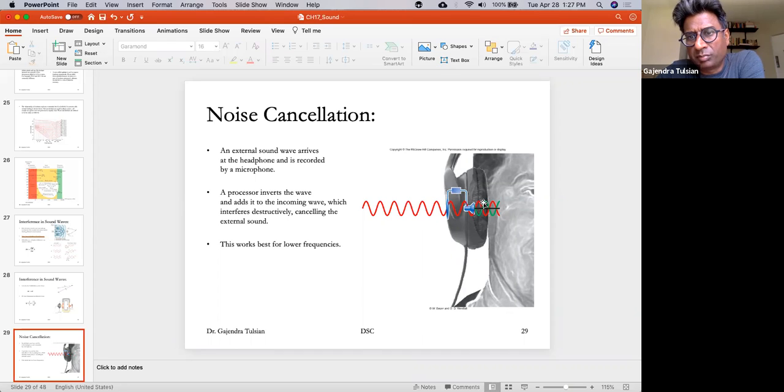And so the produced wave and the outside wave cancel. So that's how come all outside noise is canceled and you just listen to your music, okay? And this works best for lower frequencies. So those noise cancellation speakers will not work for hard rock stuff.